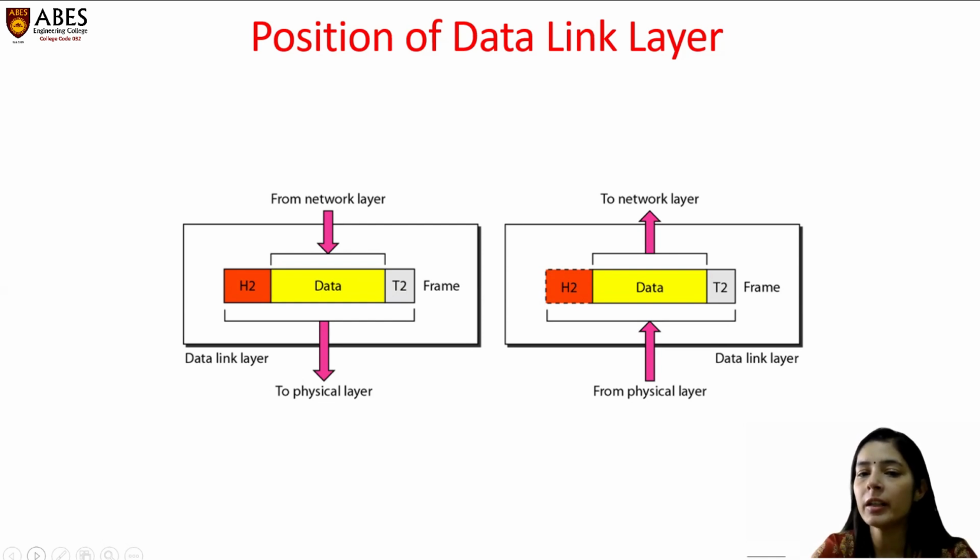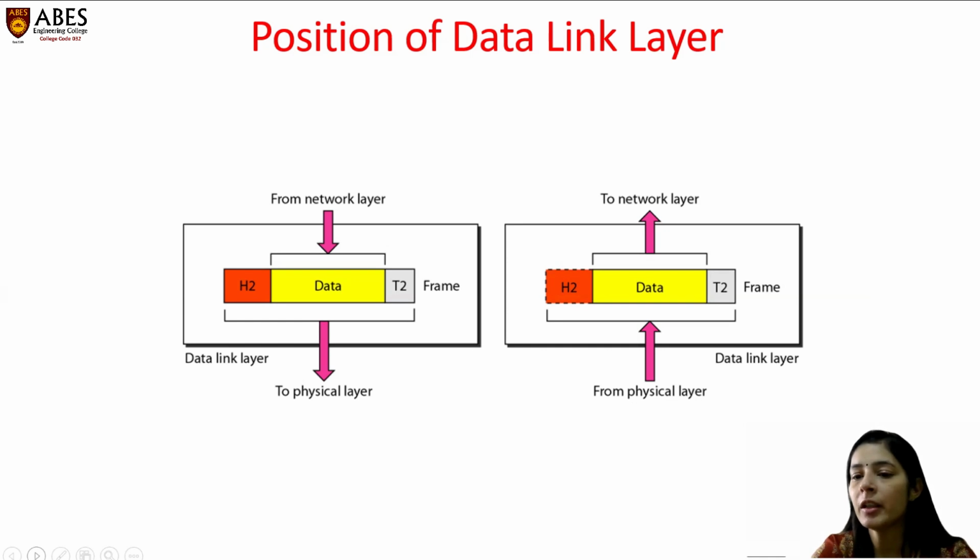At the sender side, the sender encapsulates the data packets, attaches the header as well as the trailer, and then passes the data to the physical layer. It's the responsibility of the physical layer to transmit the data across the channel.